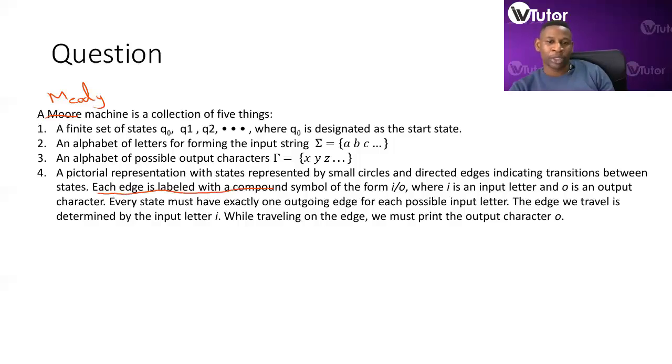Each edge is labeled with a compound symbol in the form of input/output, where I is the input letter and O is the output character. Every state must have exactly one outgoing edge for each possible input letter. The edge you travel is determined by the input letter I, while on the traveling edge you must also print out the output character.